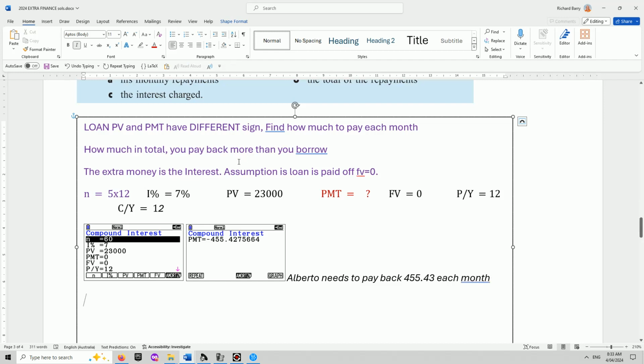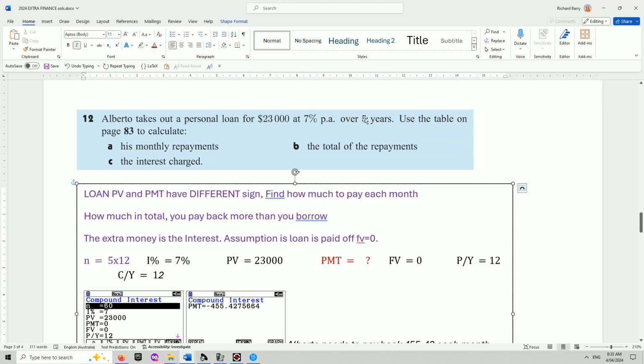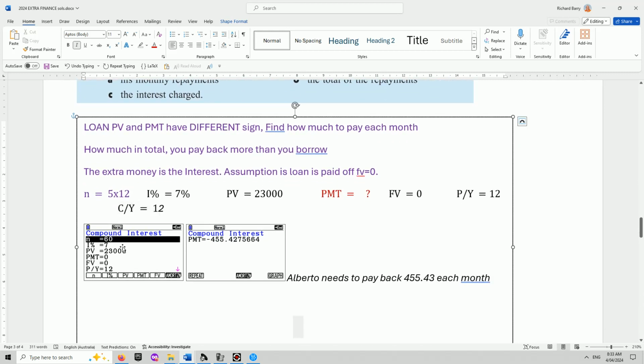Cool. What is the total? So he's going to do this how many times? 5 years. He's going to actually pay 60 times. So the shortcut for total is going to be N times PMT.